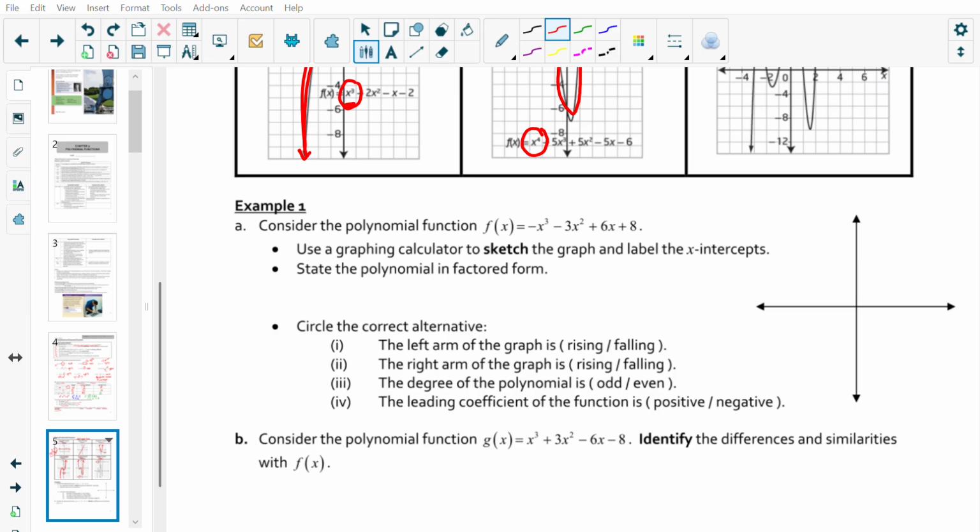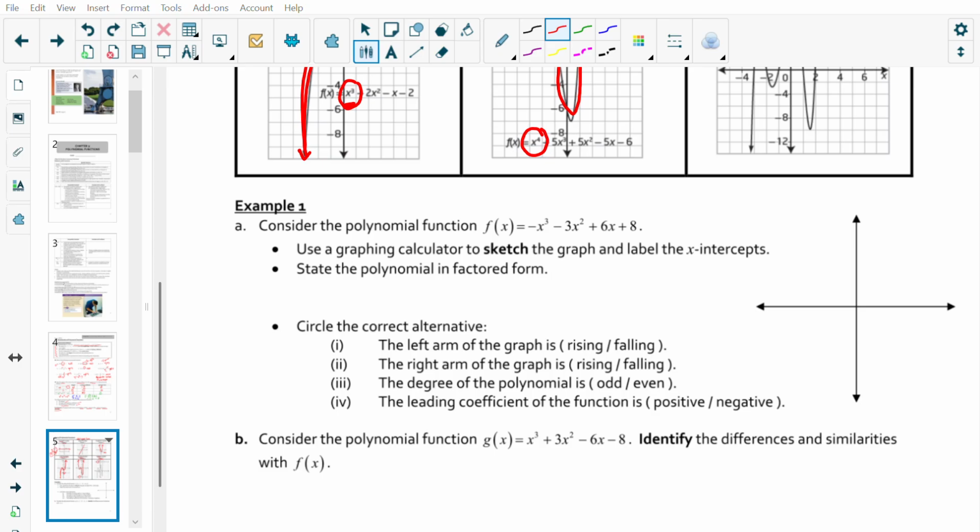So let's type in y equals negative x cubed, minus 3x squared plus 6x plus 8.